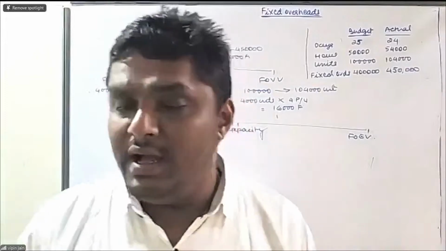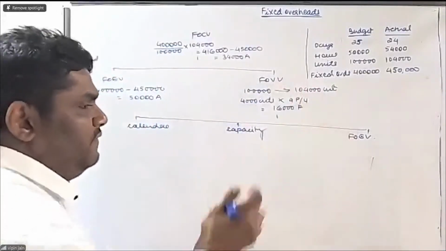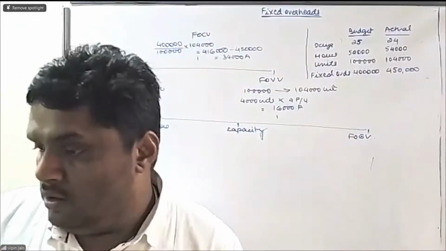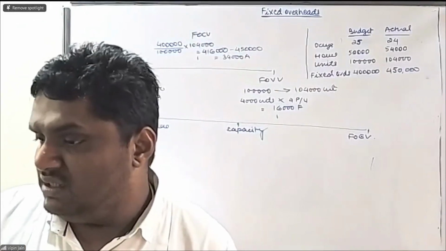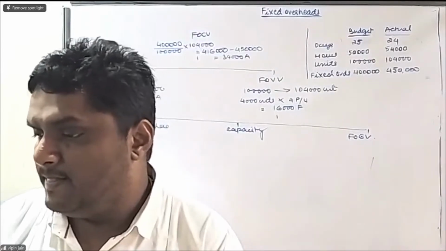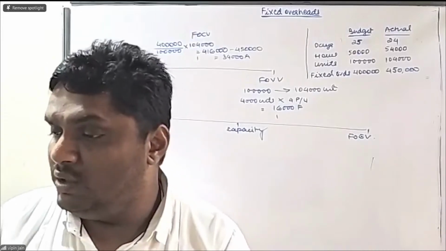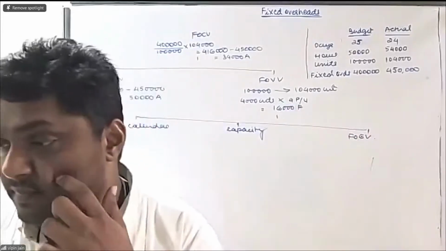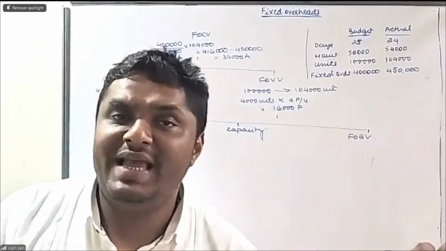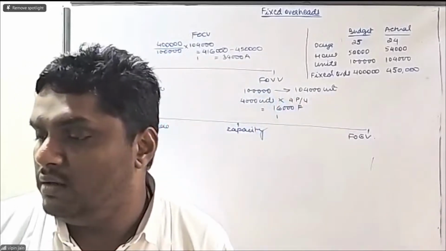You can check the answer. You can cross tally the answer. Calendar plus capacity plus efficiency will be volume. So calendar, capacity and efficiency. I have received answer from Hardik. So I think Hardik, your total is matching. Dev Kumar, please check that whether the capacity plus calendar plus efficiency is equals to fixed overhead volume variance or not.